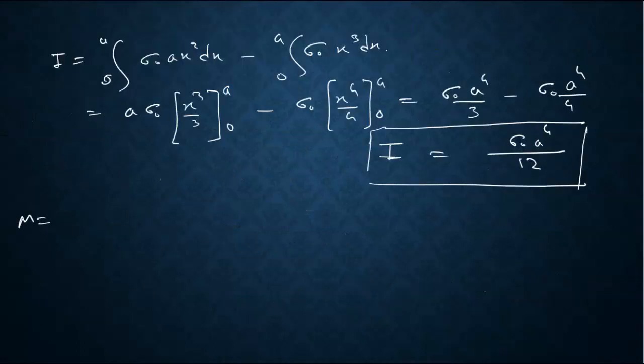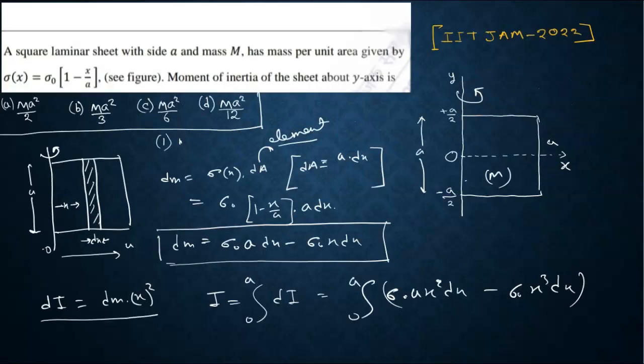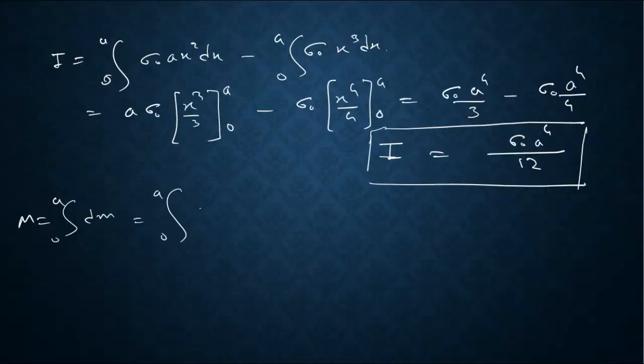M equals the integral of dm from 0 to a, which equals the integral from 0 to a of sigma naught (a dx minus x dx).